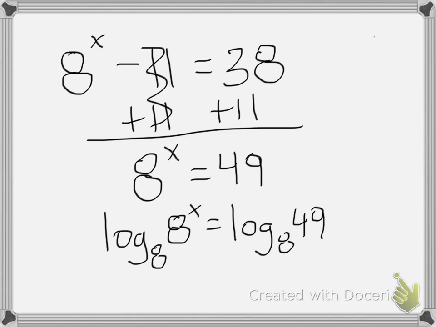And then your teacher gave you some instruction on what the log base 8 of 8 to the x power is. There is a rule, a property that we have with logarithms. If the base, this little 8 here, matches this 8 here, then all of this cancels out, and you're simply left with the exponent, x.